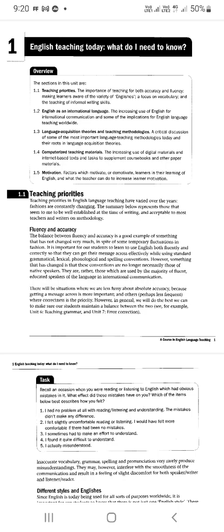There will be situations where we are less fussy about absolute accuracy because getting a message across is more important, and others, perhaps less frequent, where correctness is the priority. However, in general, we will do the best we can to make sure our students maintain a balance between the two. See, for example, Unit 6, Teaching Grammar, and Unit 7, Error Correction.